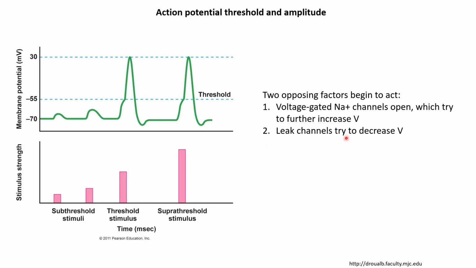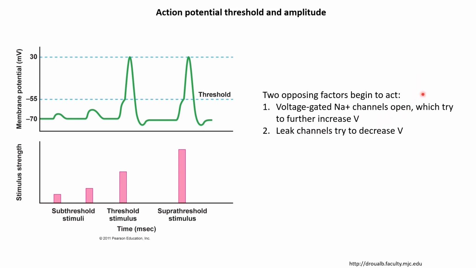Now, this second factor, the leakage channels, can be thought of as a linear factor. The more the voltage increases, the more the amount of current through the leakage channels. And this first factor, the voltage-gated sodium channels, is somewhat of a non-linear factor. The number of sodium channels that open with increase in voltage increases non-linearly.